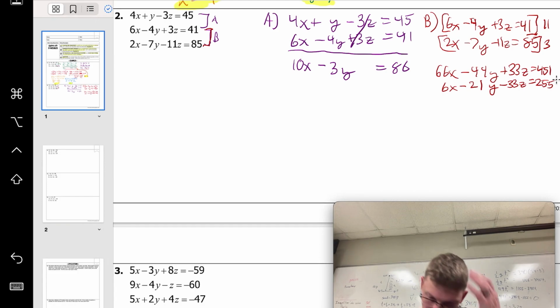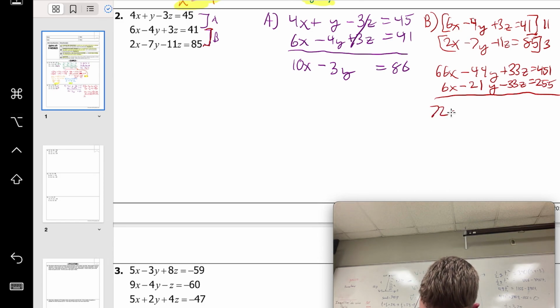So now we're just going to add those, and away we go. So 66 plus 6, 72x. 44 minus 21 minus, let's see, that's 5, 6, y, 65y. Those cancel out, thank goodness. Gives me a little bit of room.